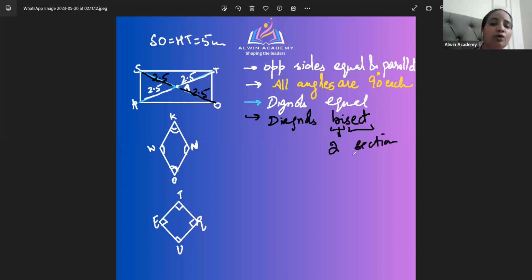So when you have two uniform sections, you call it bisect. Similarly, the word trisect means three equal sections. When you divide a thing into three equal parts, you call it trisect. But here we are studying about bisecting. So diagonals bisect each other.